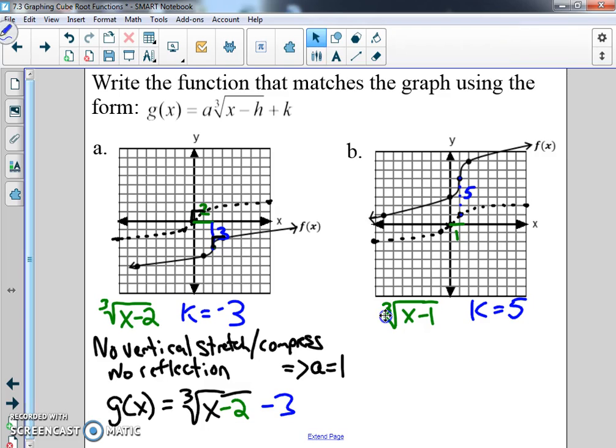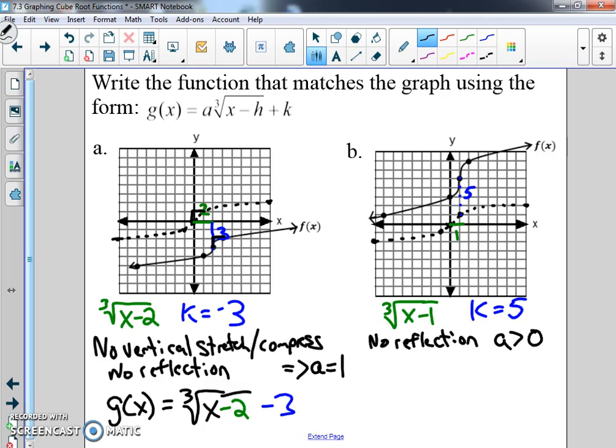Now, we don't see any reflection, so a has to be greater than 0. We do have a stretch. Notice that from the point of symmetry to my next point, I go up 2 and over 1. In my original graph, I would go up 1 and over 1.